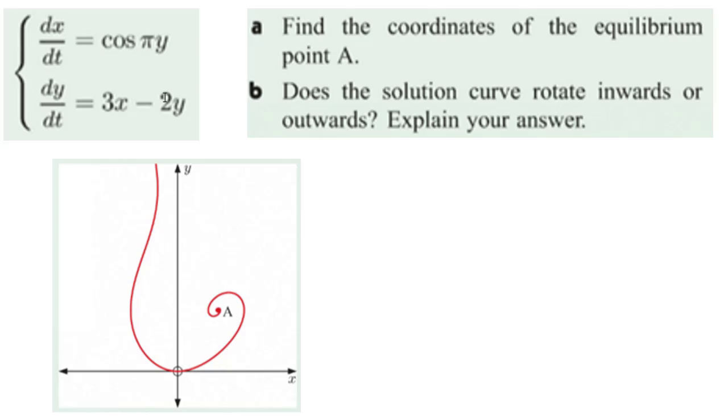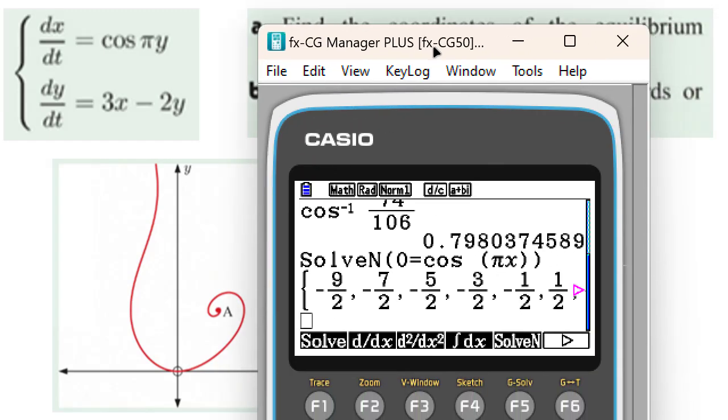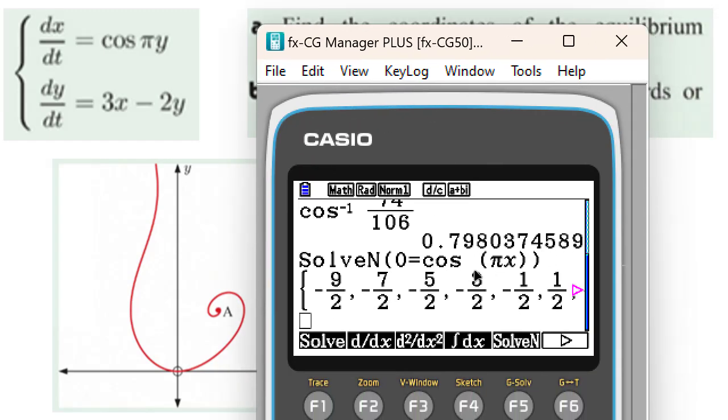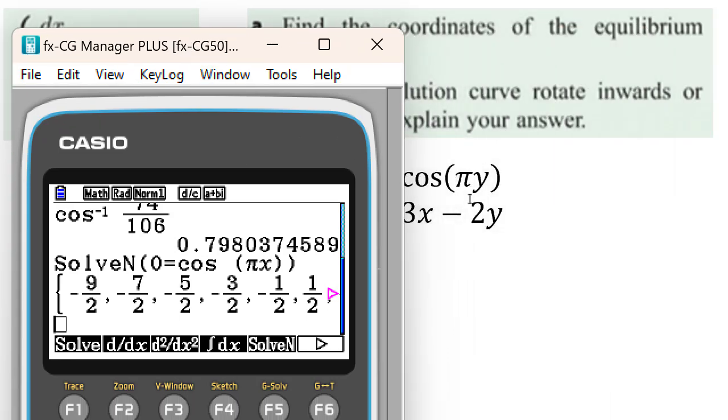One is, where is the equilibrium point? So the equilibrium point, you just put them both equal to 0 and then you solve them. It's sometimes simultaneous equations, but it's often just one of them solves. Like in this one, I'm just going to type the top one into my calculator, and I get this. And this is y, cos of pi y.